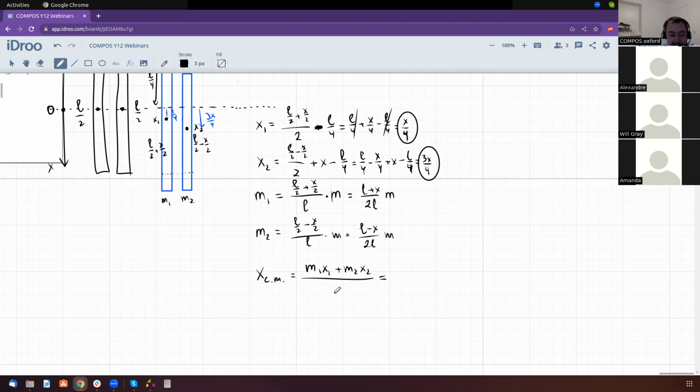And M1 plus M2 is simply M, right? It's the total mass of the rope. Okay, I'll write it down. M1 plus M2, so that's M. So we just substitute very carefully.